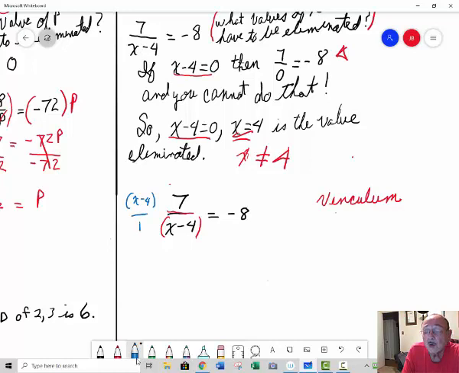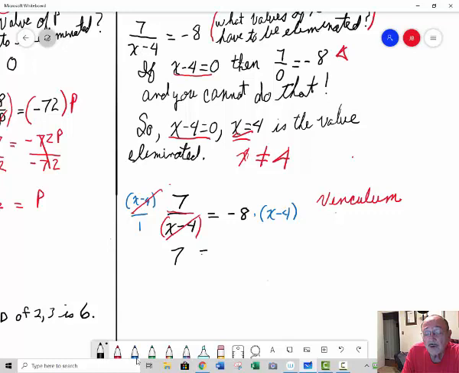And I'm going to multiply this side by x minus 4. Now, a word of caution, watch out for the negative sign here. So what happens? This x minus 4 and this x minus 4 drop out, and the only thing that I have left is the 7.